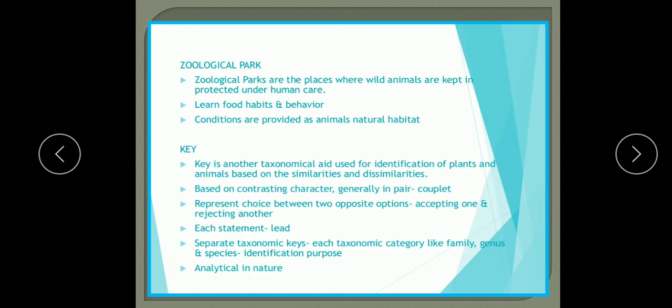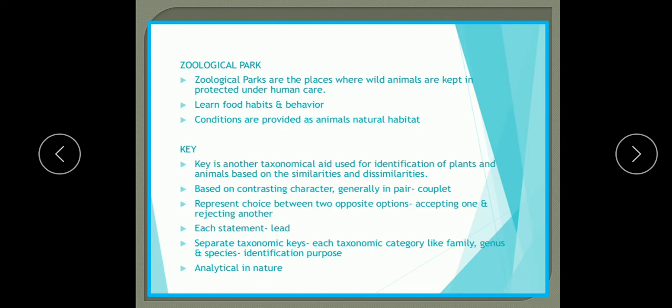Zoological parks are places where wild animals are kept under protection and human care. And here one can learn the food habits and the behavior of the animals also, because in modern zoological parks animals are given high standards of care and live under more natural conditions, and they are on display to the general public also.